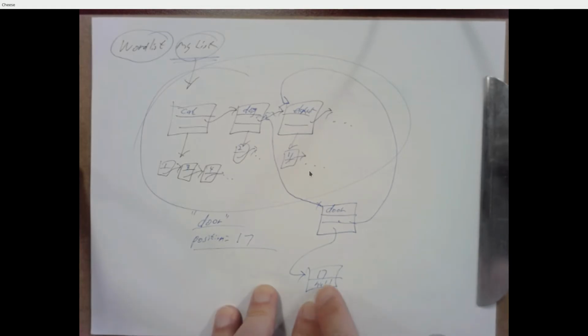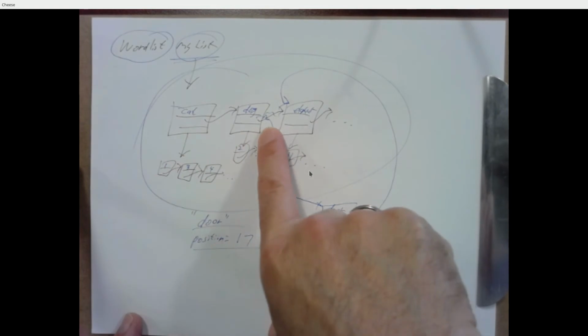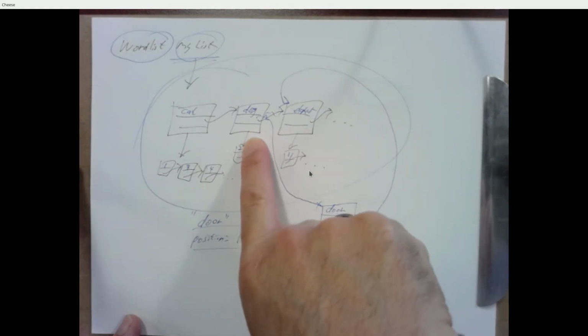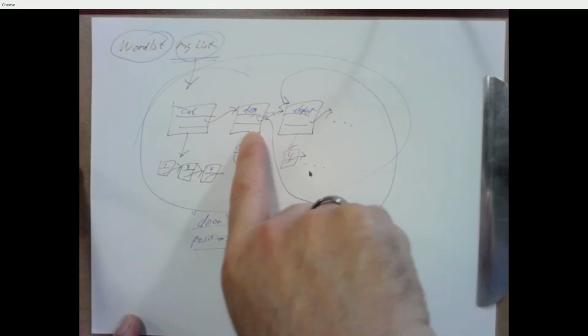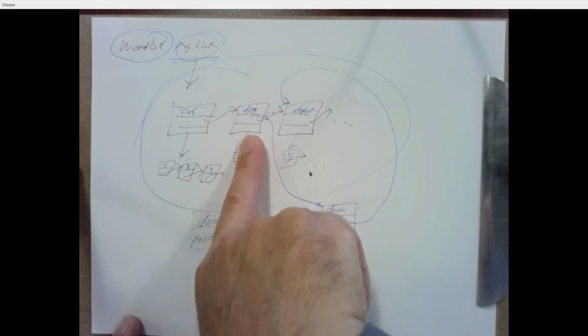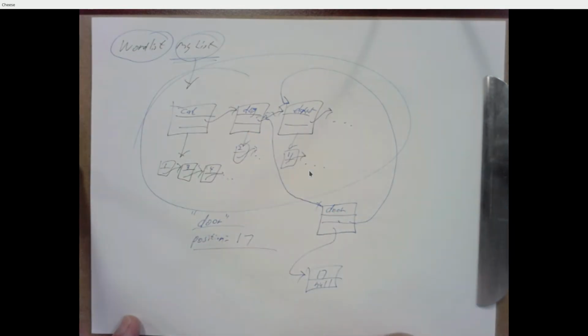You can break that into other sub-steps. This idea of creating a new position list node is just the constructor for a position list. Or adding to the end of it, you can make add to end of position list a method. If you want to add to the end of this node's position list, you just say node dot position list dot add to end, parentheses, 17.